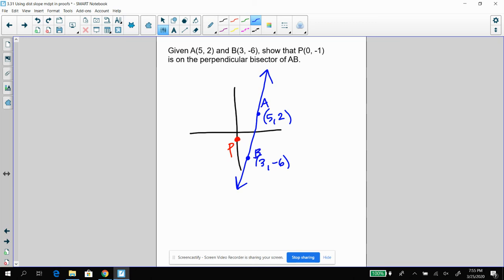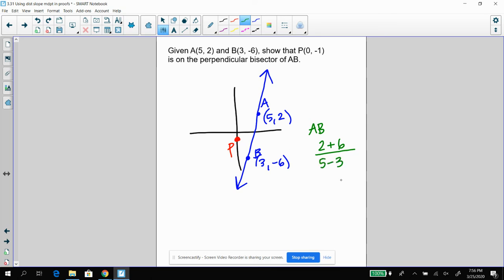Well, if something is perpendicular to AB, then it means that the slopes are opposite reciprocals. So first we want to find the slope of AB. So the slope of AB is 2 minus -6, over 5 minus 3.